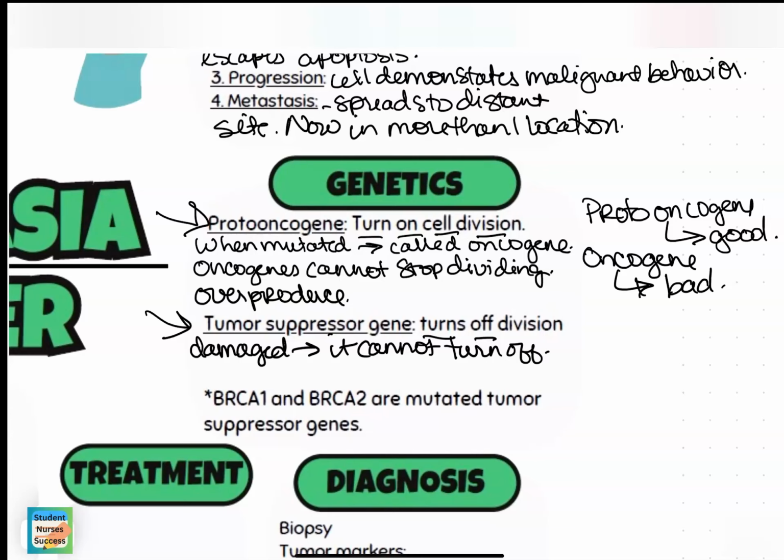So if we have a damaged or mutated tumor suppressor gene, it is not going to turn off and cell proliferation is uninhibited. And cells just keep dividing.